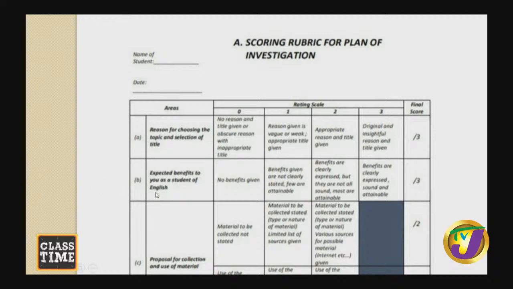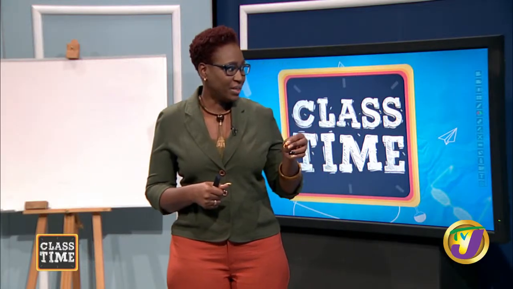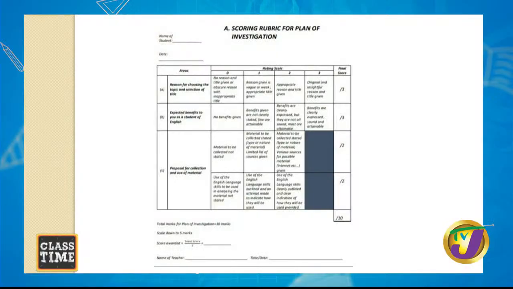Now, the next section is split in two. So the overall heading is that it is the proposal for collection and use of the material. So for the full 2 marks, you need to know that the material should be collected. You stated this. You gave the type, you gave the nature. Remember, we discussed that when we were looking at this section.